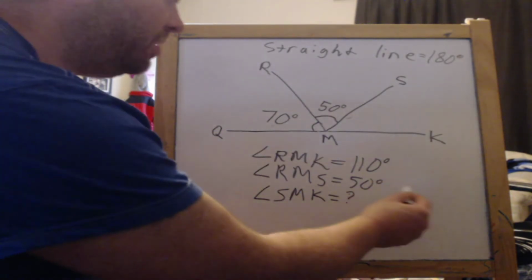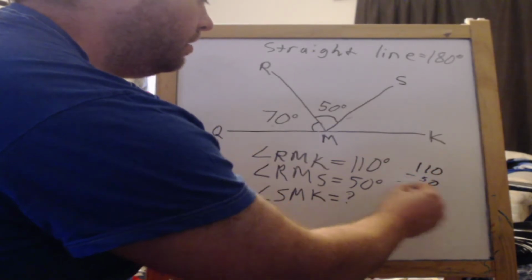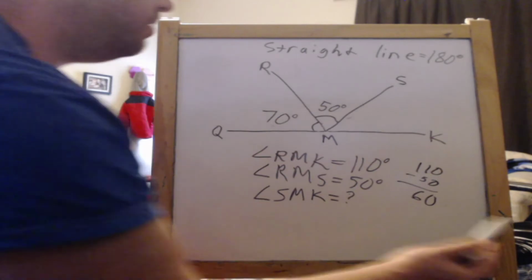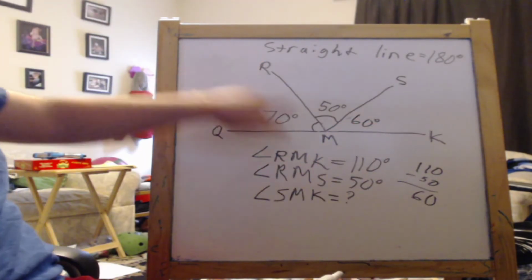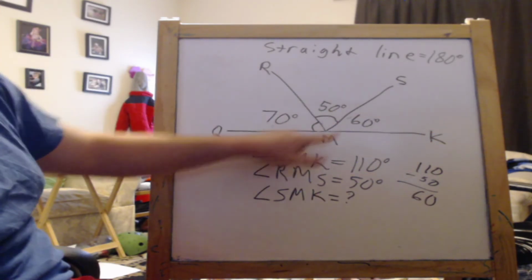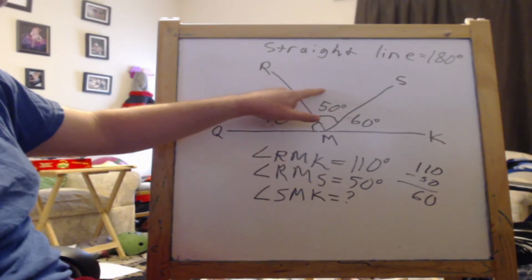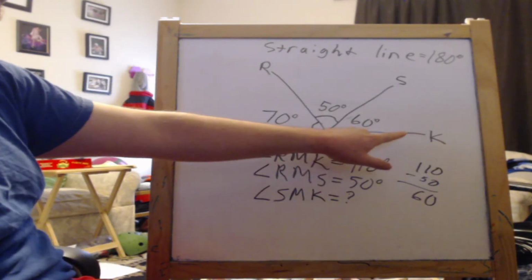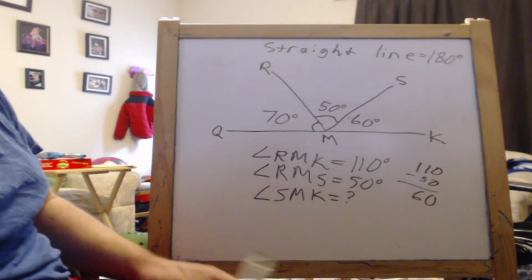All we would do is 110 minus 50 equals 60. So this one has to be 60. If RMK is 110 and RMS is 50, SMK has to be the rest of the 110, which is 60.